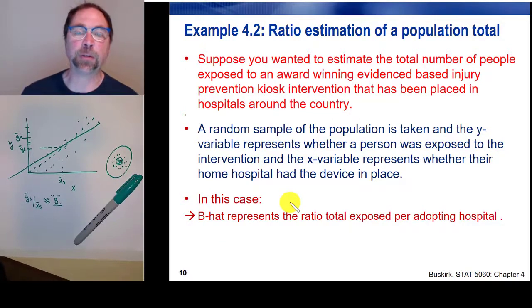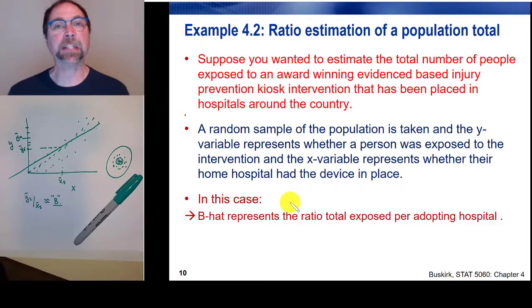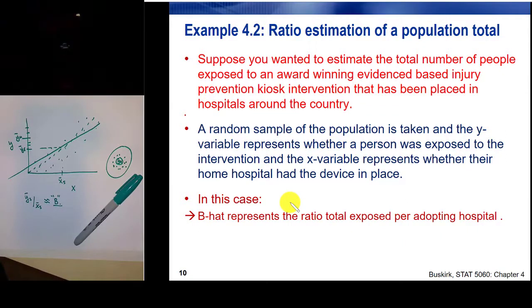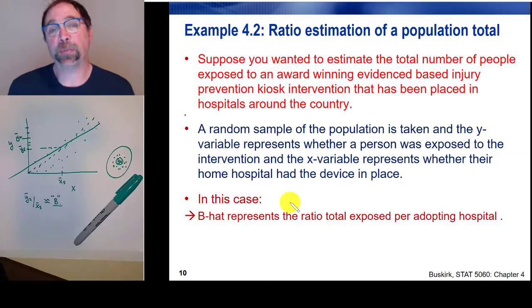Essentially what we're trying to get is an exposure rate, but exposure rates only refer to the areas where the exposure is present. If the kiosk isn't present, then obviously Y is going to be 0 there. So I'm going to have 0 over 0, and that's not going to work out.